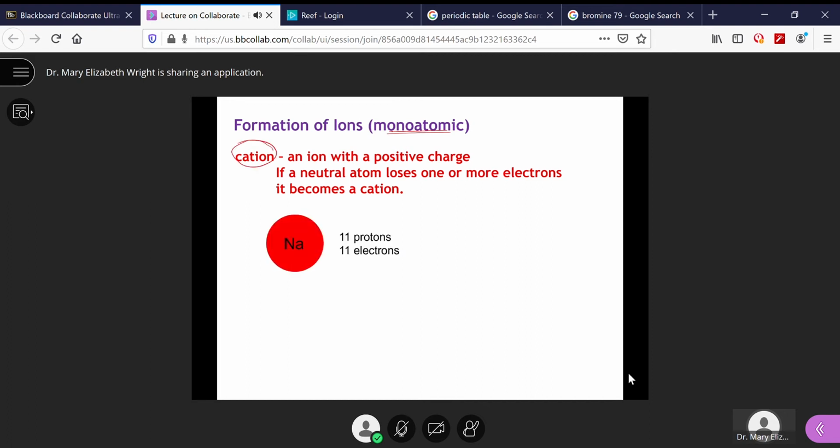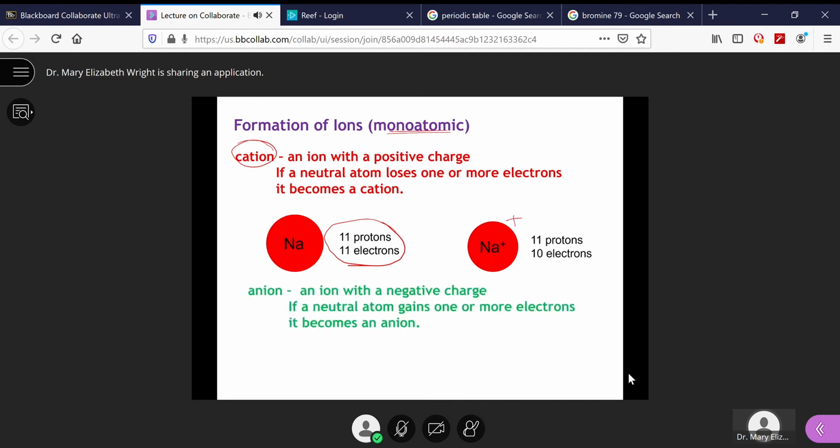So if a neutral atom like sodium, and by definition, we said with a neutral atom, protons equals electrons, if sodium gives up one of those electrons, it will become a positively charged ion, right? Because it lost an electron. An anion, on the other hand, is an ion with a negative charge.